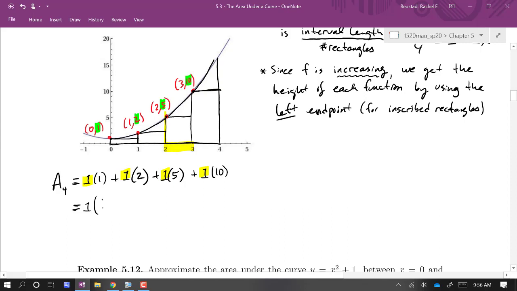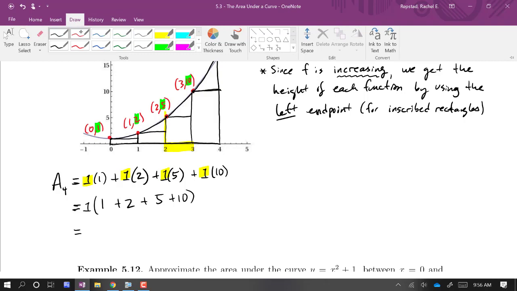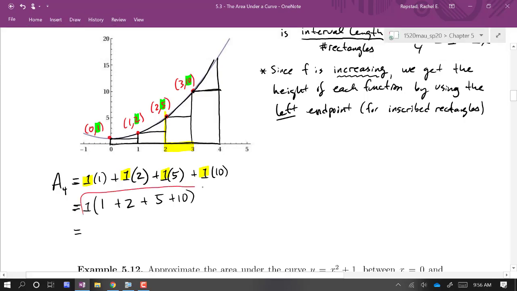And then what's left inside is 1 plus 2 plus 5 plus 10. The reason I've done that is because this form is the one we're basically going to take when we do other approximations. That form now is the width multiplied by the sum of the heights, because we're using a uniform width.